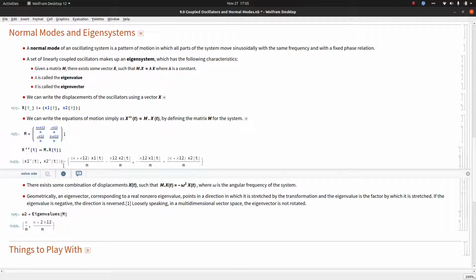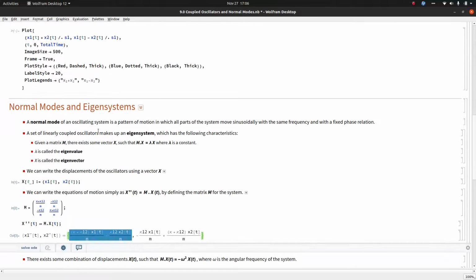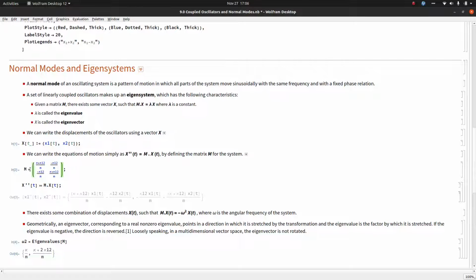I think I'm missing a minus sign in the matrix, because the x1 term in my first equation should have a minus sign in front of it, just like it does over here. So sorry about that. We'll put that minus sign back in.